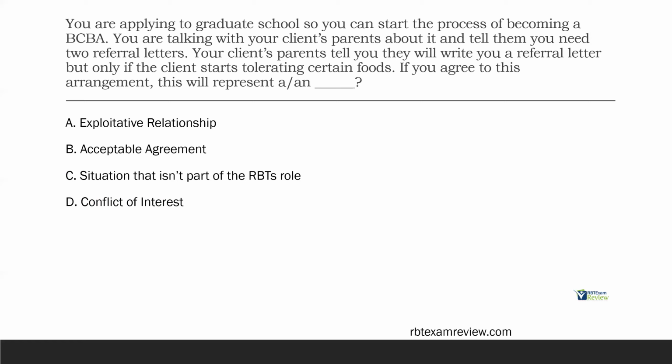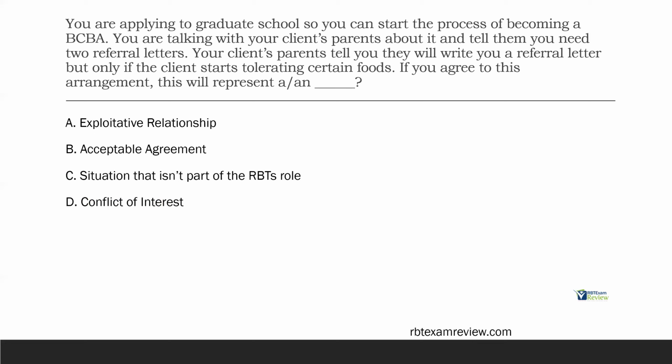So does this represent an exploitative relationship? No. An exploitative relationship usually has to do with the supervisor and the RBT, right? If they're taking advantage of you because of their position, that's exploitative. Now, if the parents told you that unless my son starts tolerating food, I'm going to report you to your company, then that's exploitative, right?